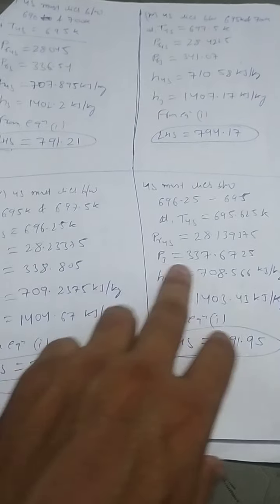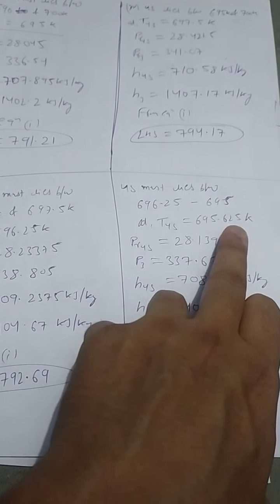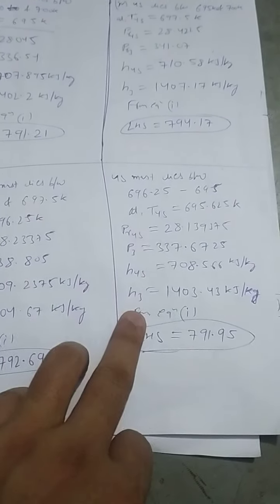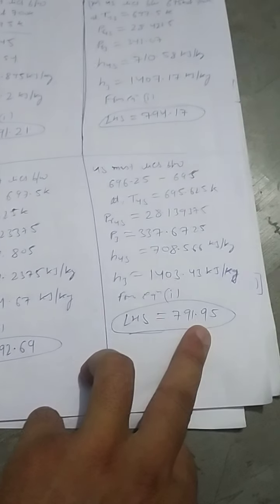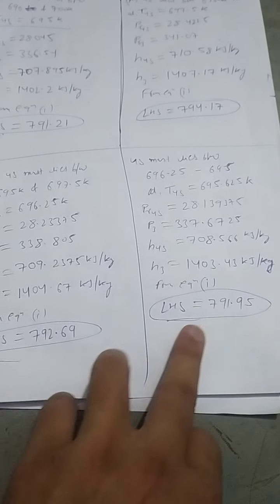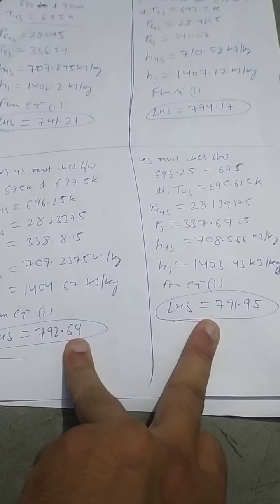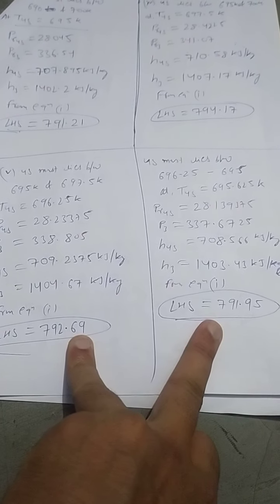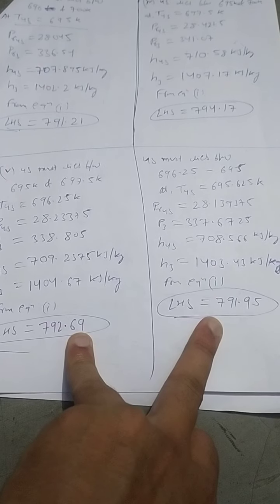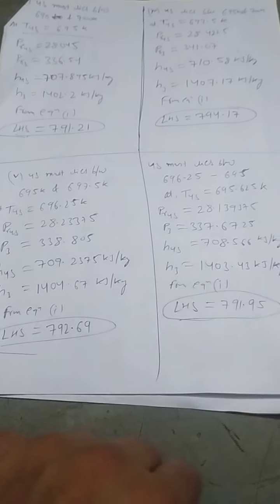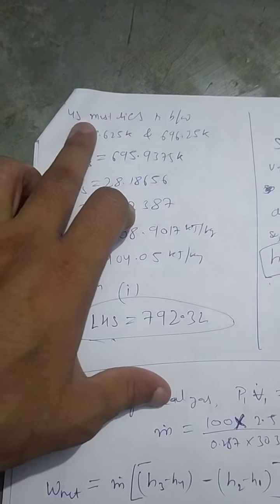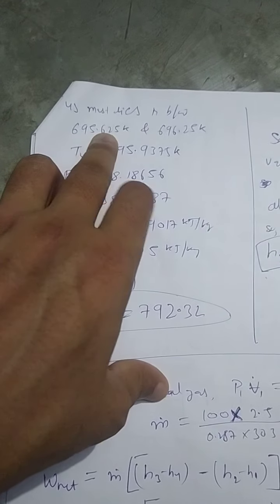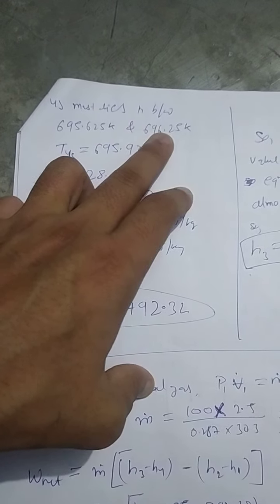Taking the average 695.625 and putting all the values in, we get an LHS which is still not equal to 792.38. So from here we can see that T4s must lie between 695.625 and 696.25.